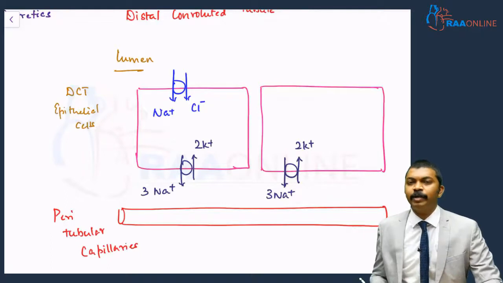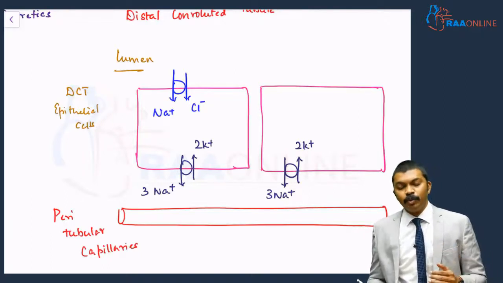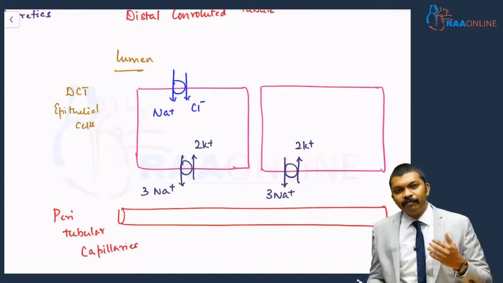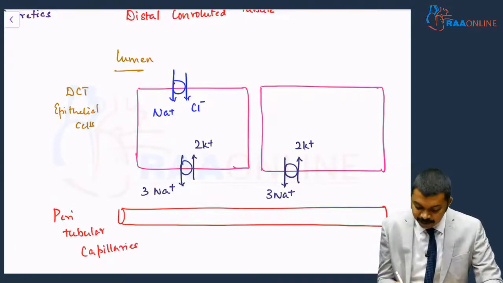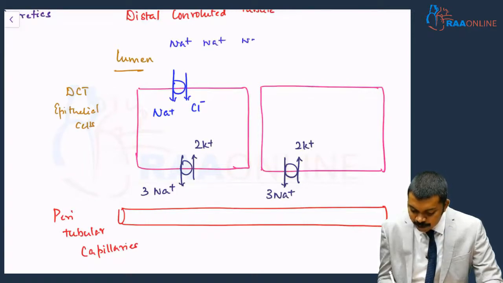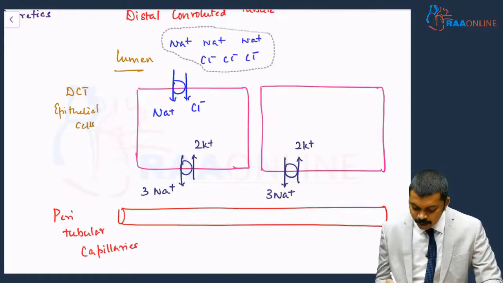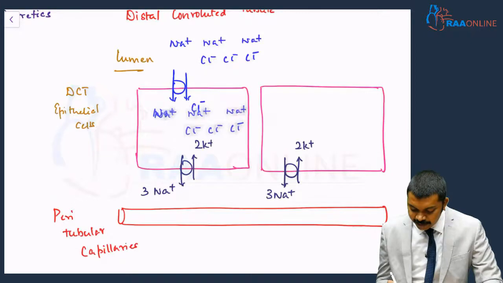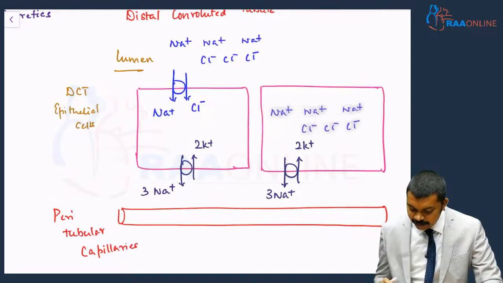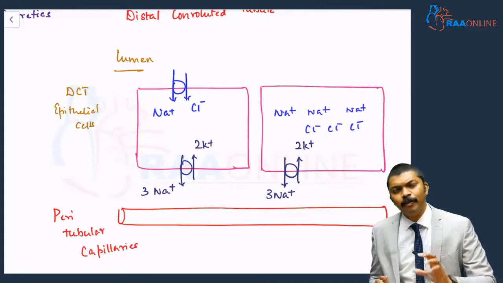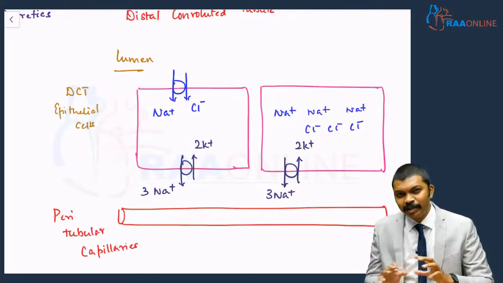So, when sodium and chloride are taken away from the tubular lumen, where I have plenty of sodium as well as chloride, and all this sodium and chloride is taken inside the cell, what will happen to sodium chloride concentration in the lumen?